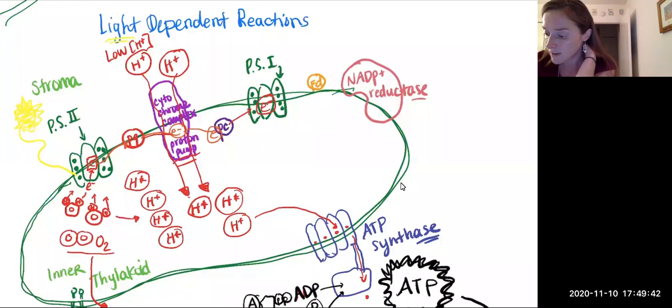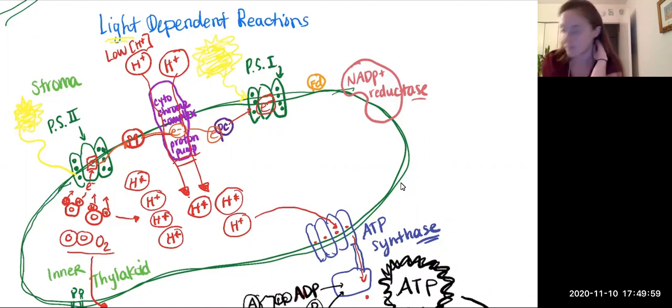And so guess what? They need to re-energize, and photosystem 1 is their answer, because here's chlorophyll molecules again getting energized by the sunlight. And this time, the wavelength is slightly different. In photosystem 1, it's 700 nanometers.